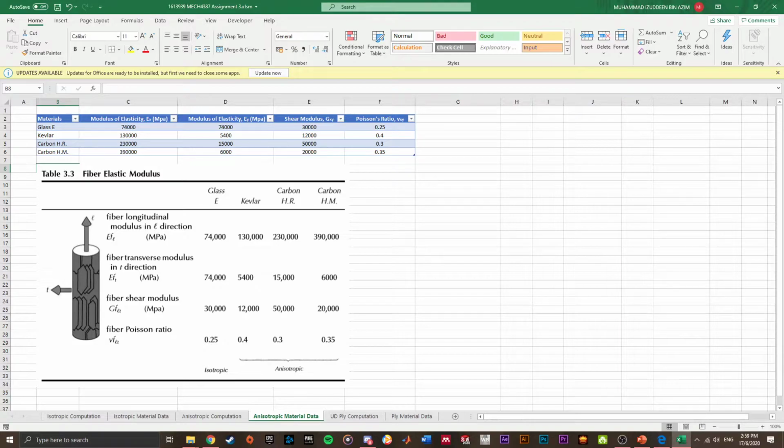Okay, we can see that Kevlar has two different moduli of elasticity. Kevlar has 130,000 MPa in the x direction, or longitudinal modulus, and it just has 5,400 MPa of elasticity modulus in the y direction.